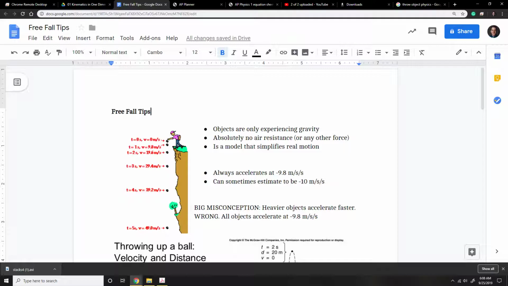So feathers and pieces of paper and light things are complicated, but if we take a bowling ball and drop it, it will experience air resistance, but we can basically ignore it because the bowling ball is so massive and so dense that the air resistance is pretty negligible, assuming we drop it from a short distance.